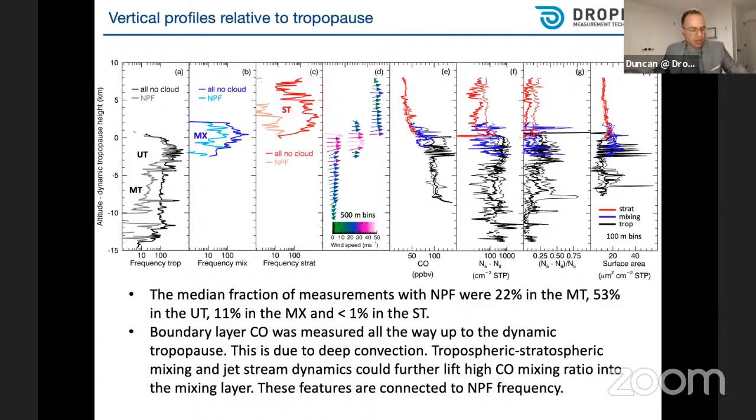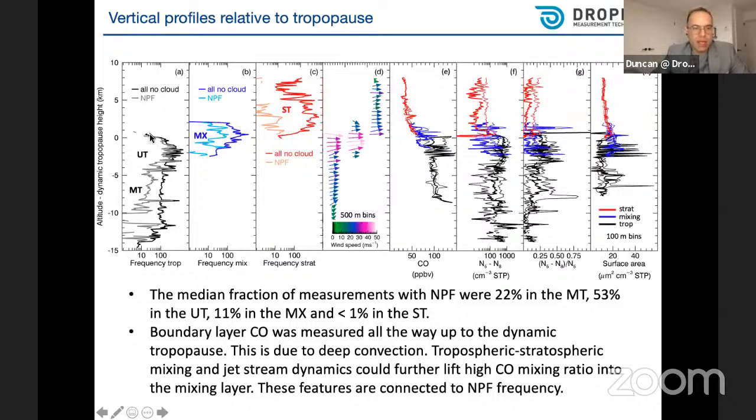So if we start from the left here, this is the middle troposphere and the upper troposphere. And we have the frequency distribution of data with particle formation and the frequency distribution of all of the data.